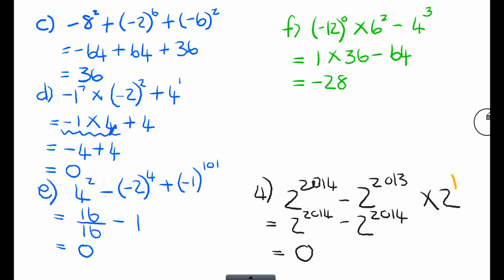No, the 2014. Don't put it into your calculator. What they wanted, you just had to add the 2013 plus 1. Next up, they want you to see that this is the same as that. So we didn't even have to go work out.